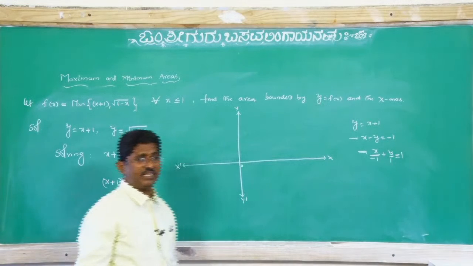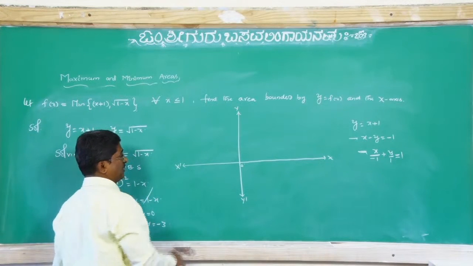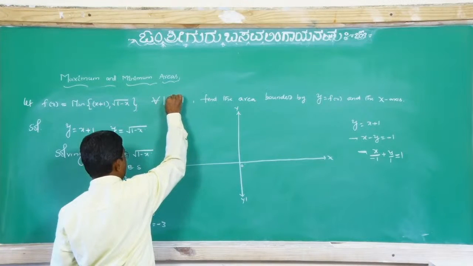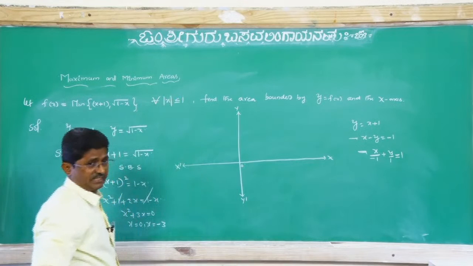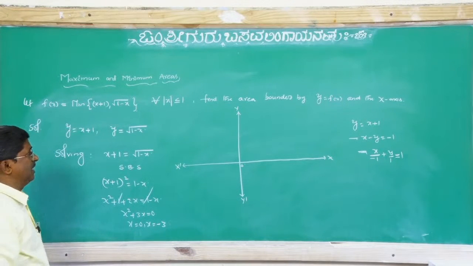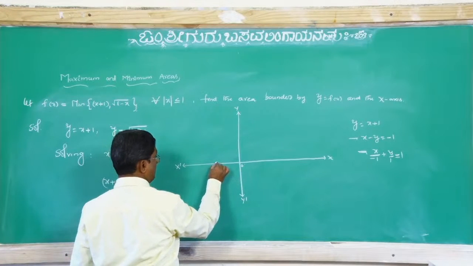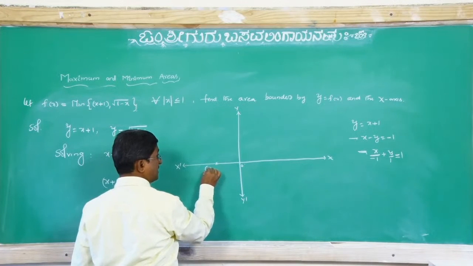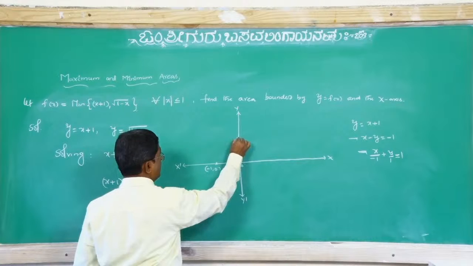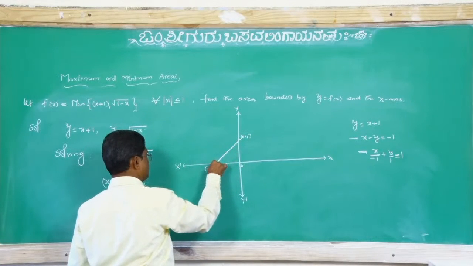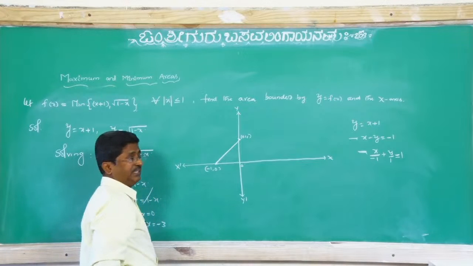The x intercept is negative, the y intercept is positive. Now this one is for all modulus of x less than 1. So y is equal to x plus 1 meets the x axis at the point minus 1 comma 0, and the y axis at the point 0 comma 1. This is the line.